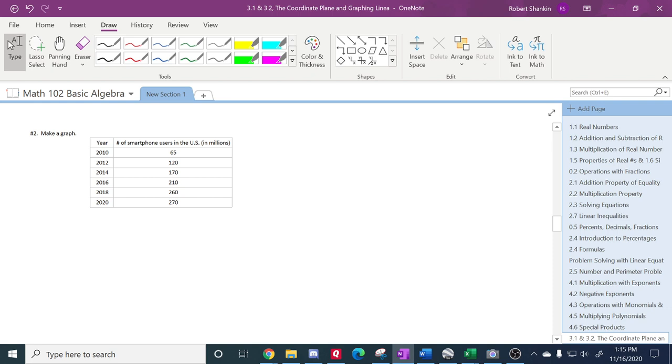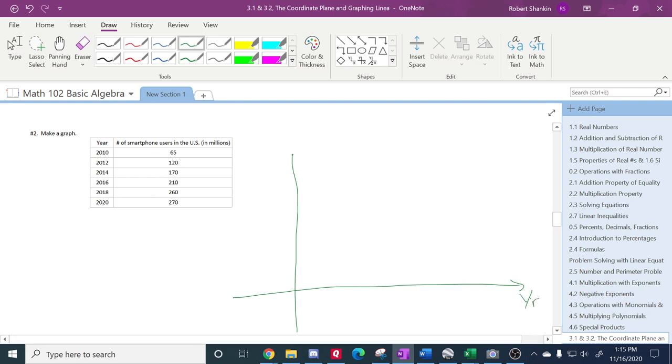Okay, I'm going to put this information in the XY grid. So here is the year, number of smartphone users in millions.